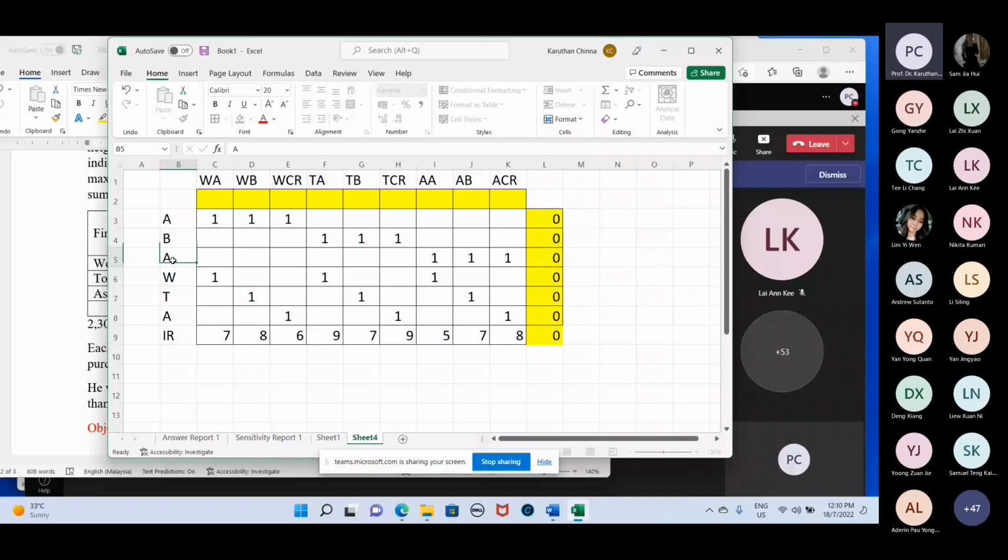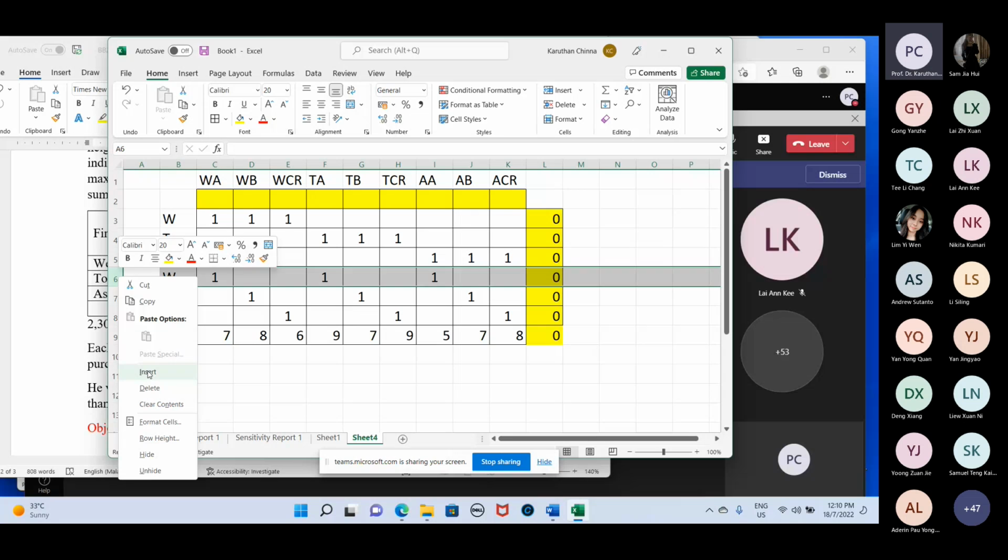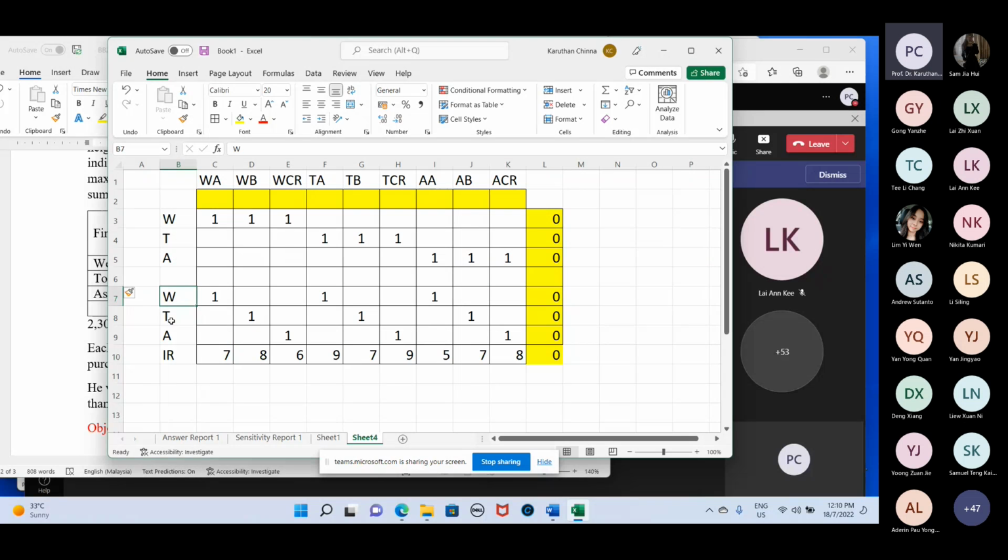Between the banks here, three banks. These are banks here, right? Yeah. Banks will be Western, T, and Asia. And over here, it's going to be 2 rows.